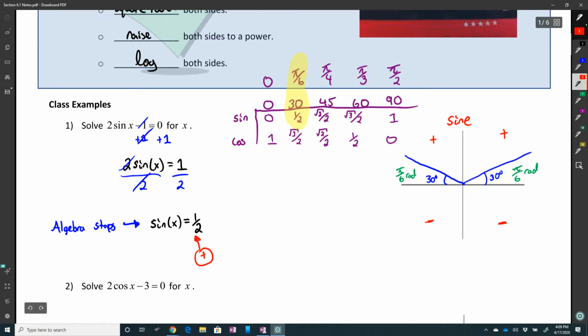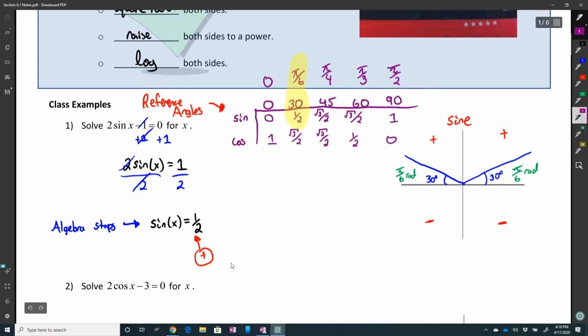So this table that we made isn't really the actual value. These are my reference angles. And I already know when sine, cosine, and tangent are positive or negative. So I know my reference angles, and now I can calculate the values.